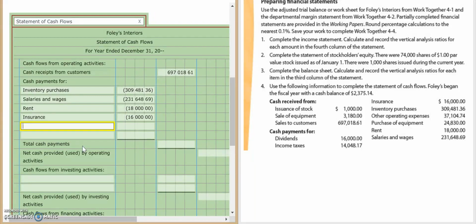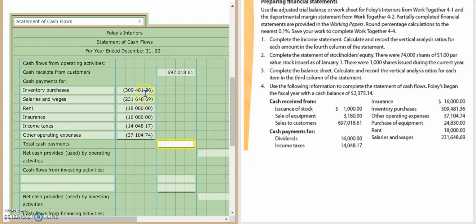And then our next one is our income taxes. Again, negative $14,048.17. And then our last one is the other operating expenses, which is any of those smaller miscellaneous amounts that we would spend to keep the doors open.